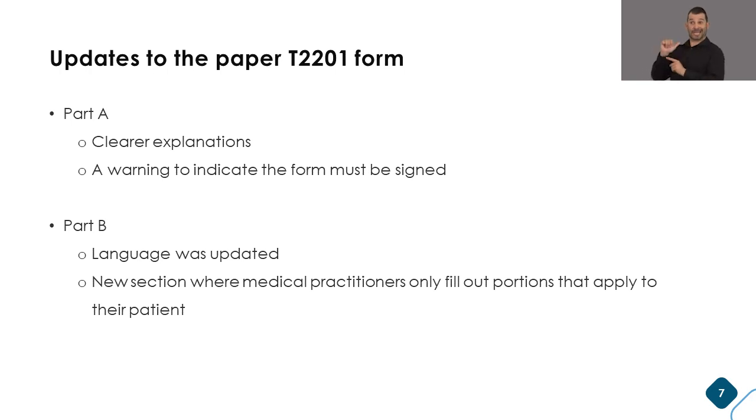In Part A, the explanations regarding claimants and adjustment requests are now clearer. Also, a warning now indicates that the form must be signed by an authorized individual in order for the CRA to process it. In Part B, the language was updated to strengthen the message on the form, and medical practitioners are now asked to provide clear examples related to their patient.